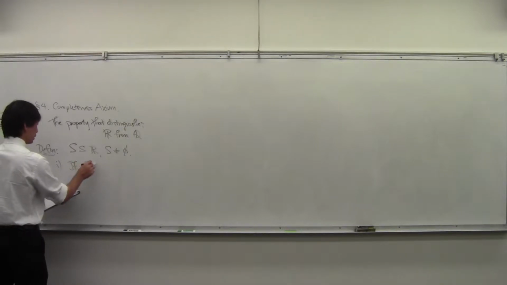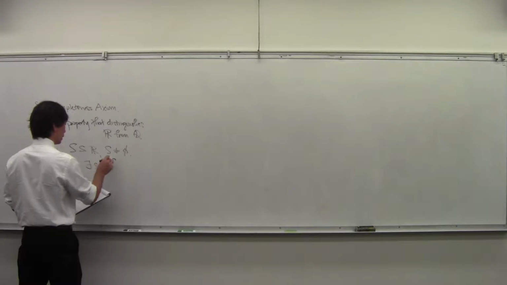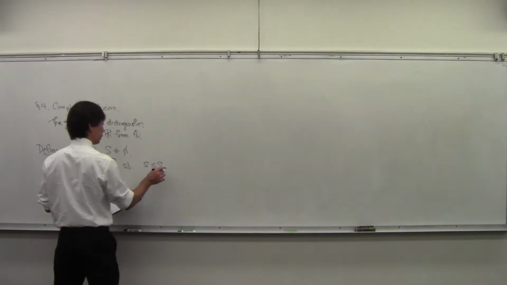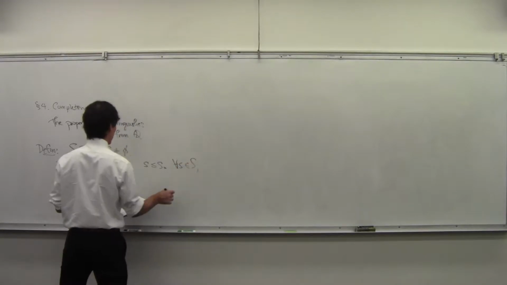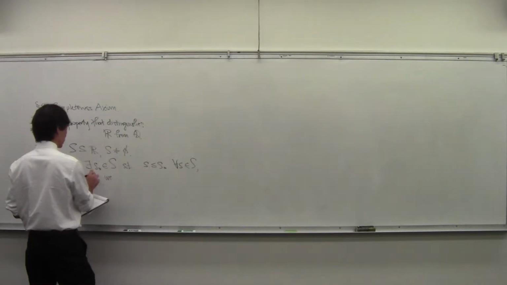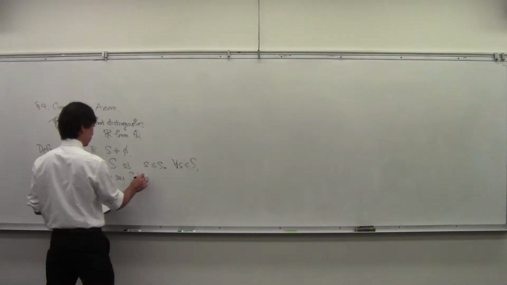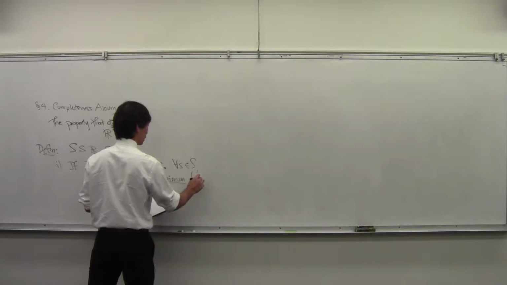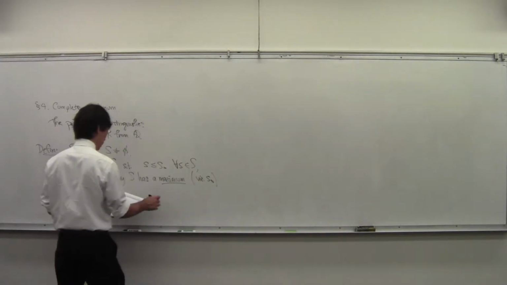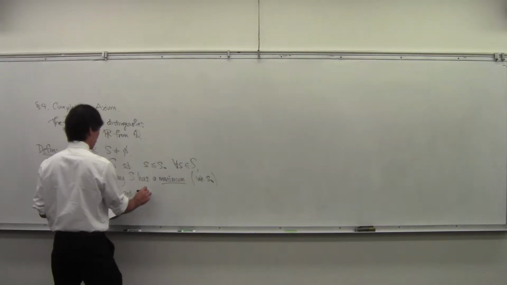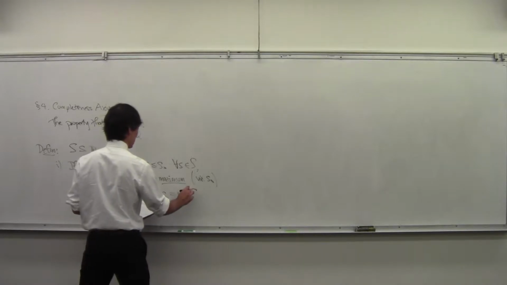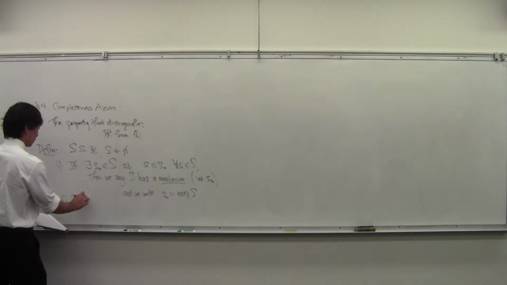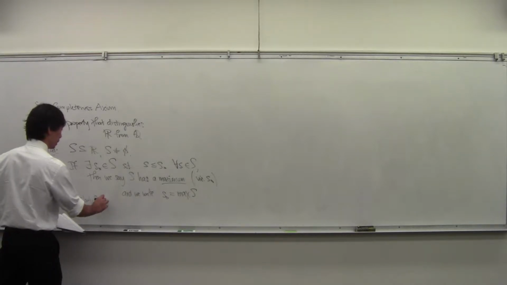If there exists some element contained in the set such that that element is bigger than or equal to anybody else in the set, then we say that S has a maximum, namely S naught, and we write S naught equals the max of S. S naught is the max of S. And similarly for minimum.